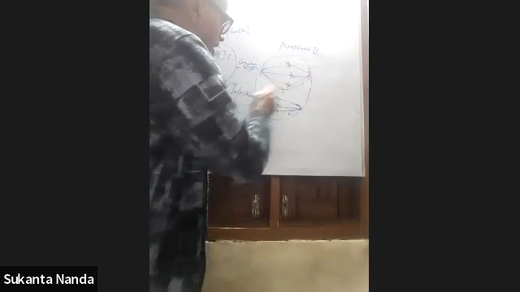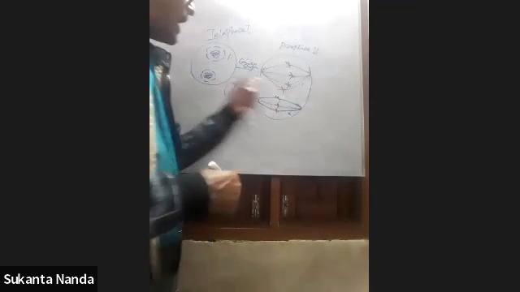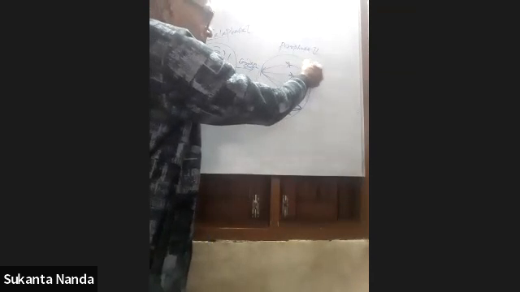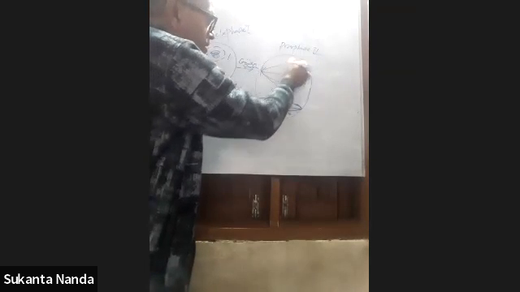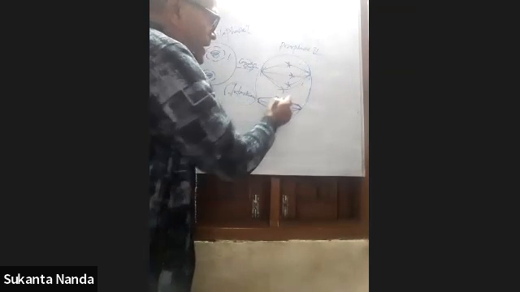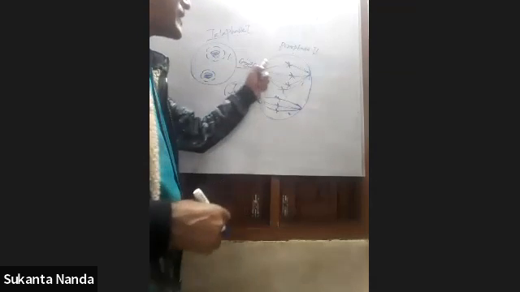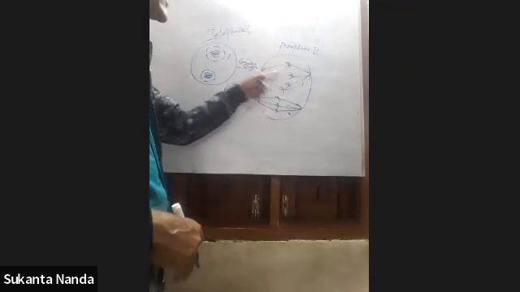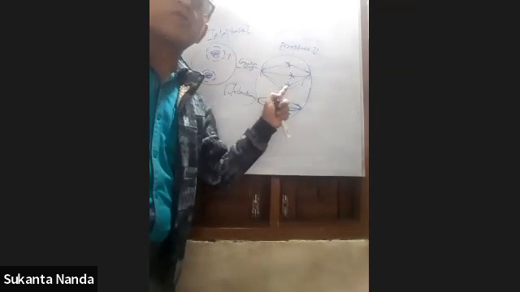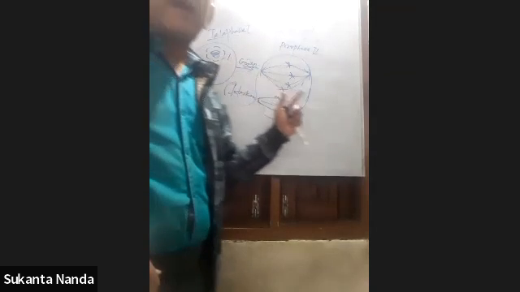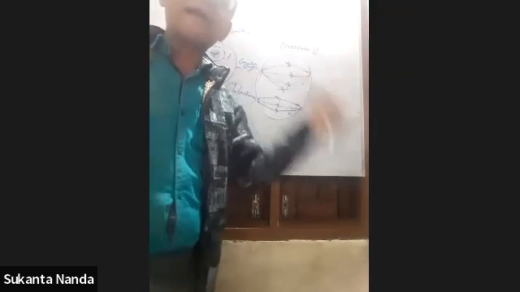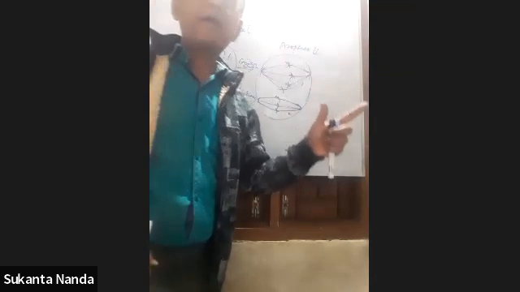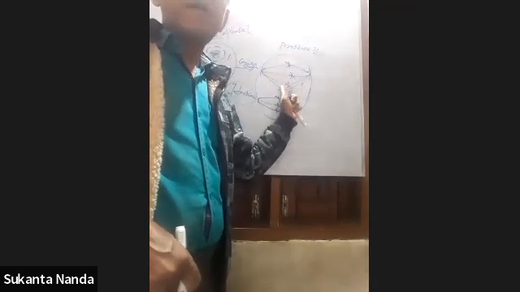In one cell there are 4 centrioles, and those centrioles develop microtubules. The microtubules join with the chromosomes. So that happens in prophase 2. Condensation of chromosomes is the main important point, and the centrioles go to opposite poles. Exactly what happens in mitosis, the same thing happens in prophase 2.